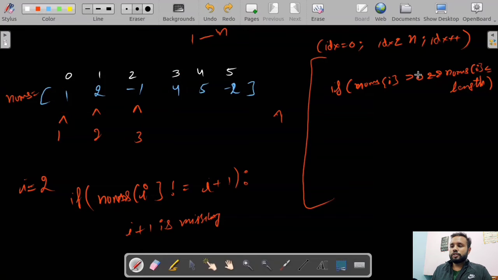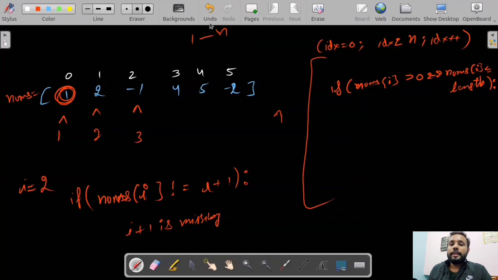First we need to make sure that this condition is true. After that, if this condition is true, then we are going to worry about swapping this array.